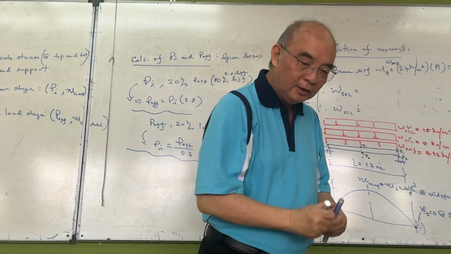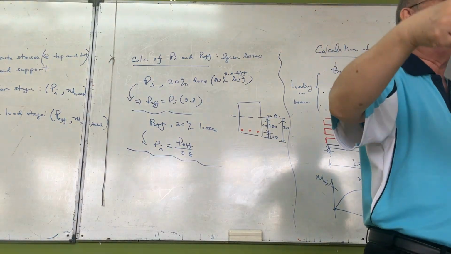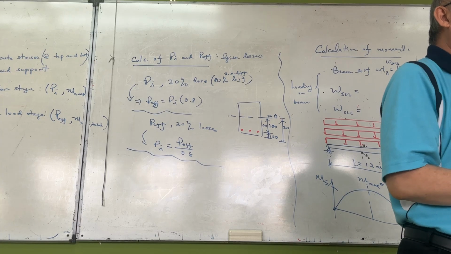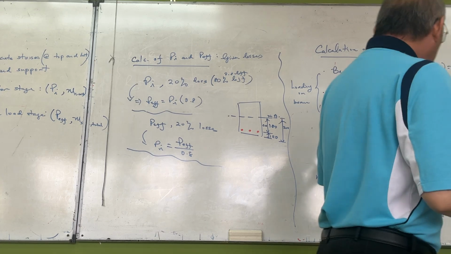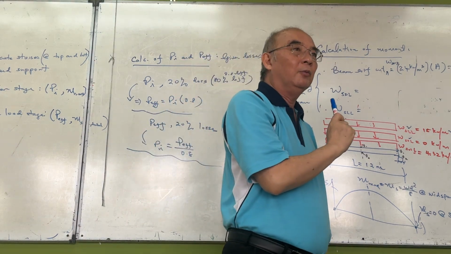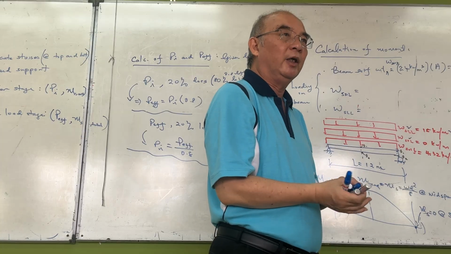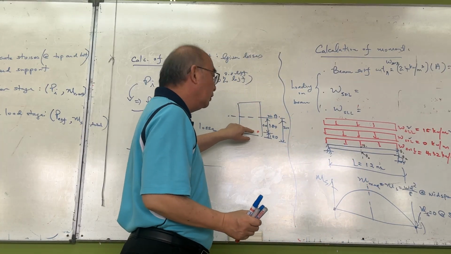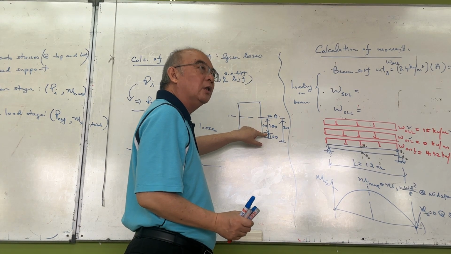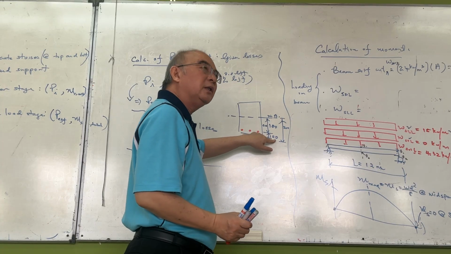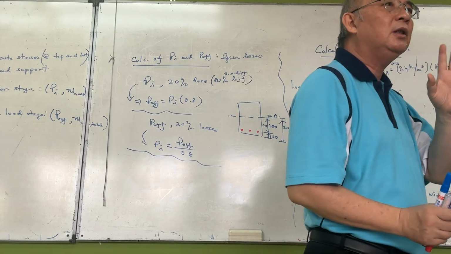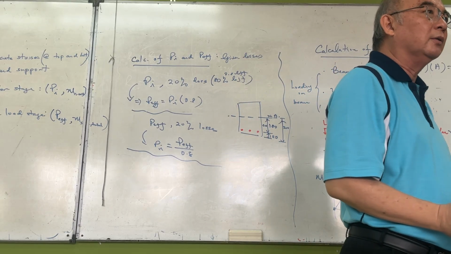The reason in this case I put 150 is that even if you pick the wrong one, the number is still correct. But in the final exam, these are two different numbers, and you need to pick the correct one. The eccentricity is always measured from the neutral axis. This number tells me the location of the strands from the neutral axis, and this number tells me the location of the strands from the bottom. E is always the location of the strand from the neutral axis.